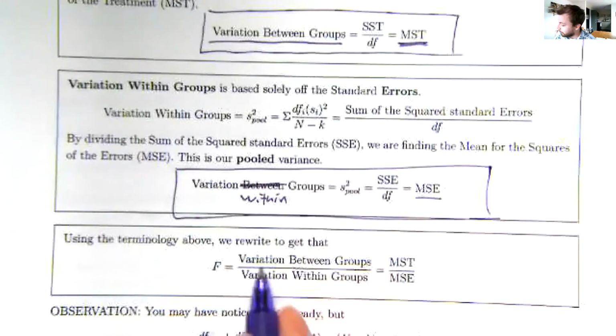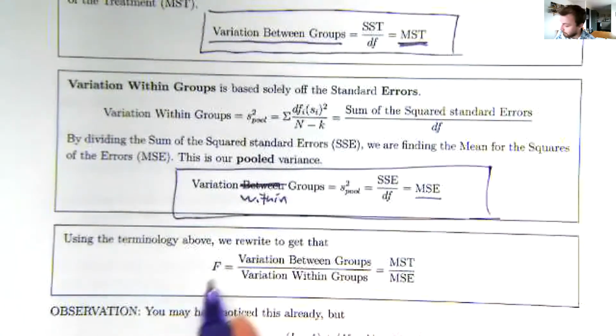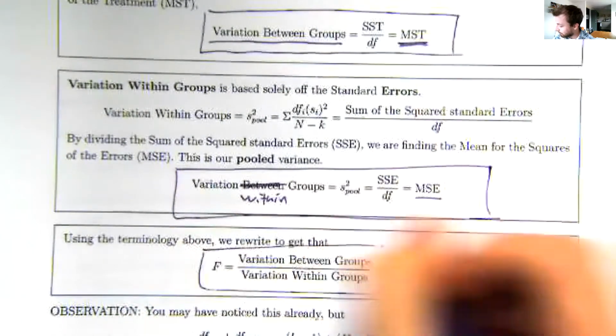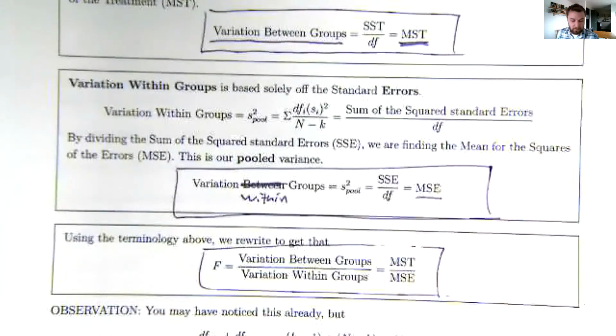So I used to do variation between divided by variation within. Between is MST, within is MSE. So my F ratio is MST divided by MSE. I remember this as T is on the top, the MST is on the top of that F ratio. This is not new math, this is just new vocab, and we are going to practice this new vocab to get comfortable with it.